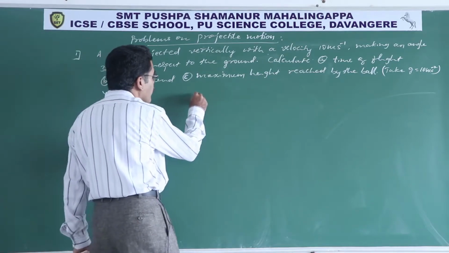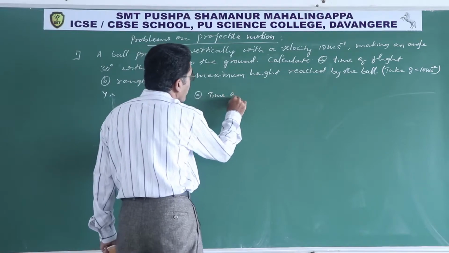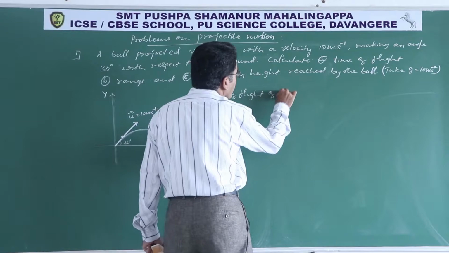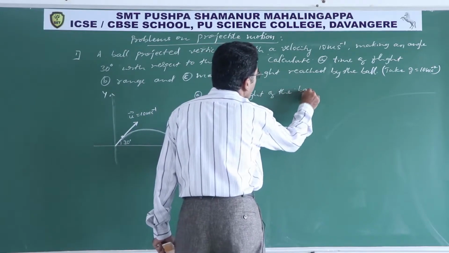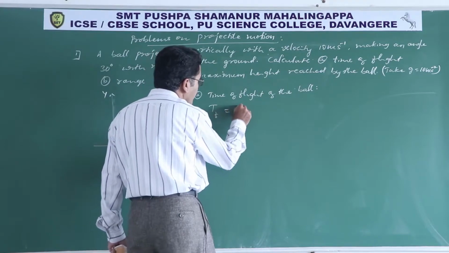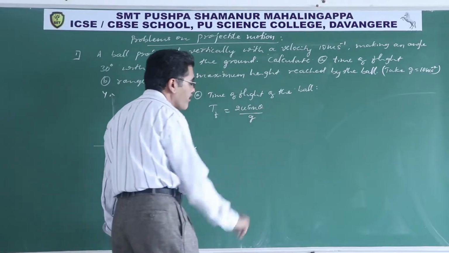Let us consider one. Time of flight of the ball, Tf is equal to 2u sin theta divided by g.